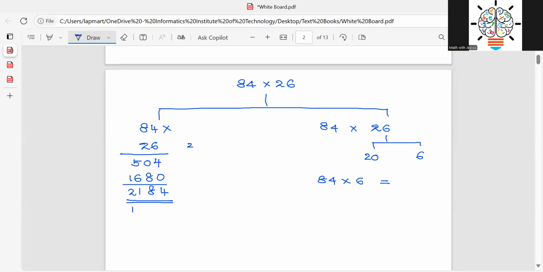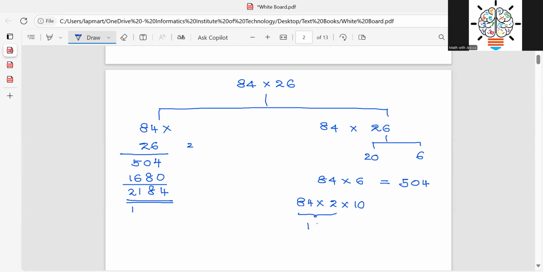When you multiply 84 by 6, it gives me 504. I write that 504. Then I have 84 multiplied by 2 times 10. What I did over there, children? 20 I expanded, right?